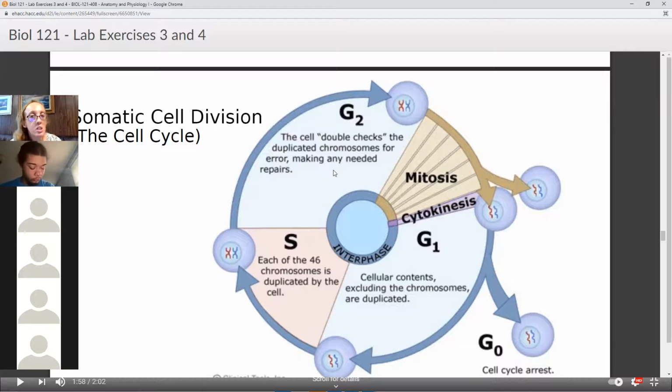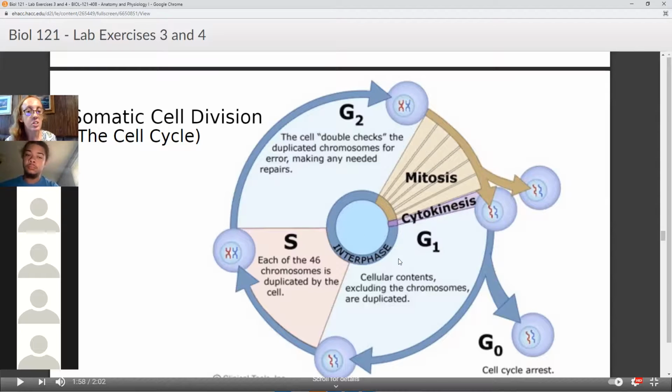Then we have the G2 phase, where we look at all our duplicated chromosomes and make sure that there are no errors, that we haven't done any damage to our DNA that's going to result in future problems.